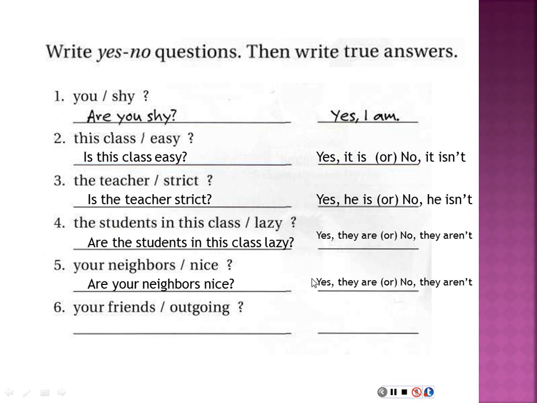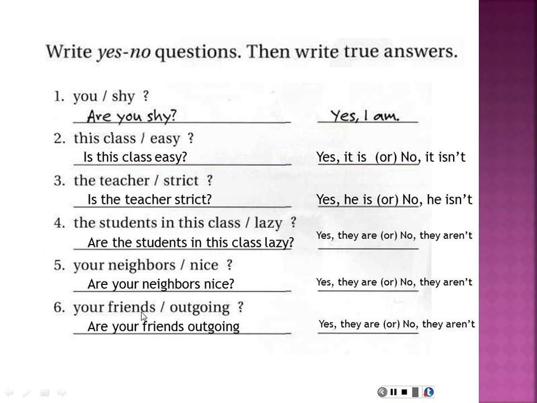The last sentence to do. Are your friends outgoing? So here we have another plural, كلمة جمع في حالة الجمع مرة أخرى. So your friends, are your friends outgoing? So the answer is yes, they are, or no, they aren't. Again, the same.